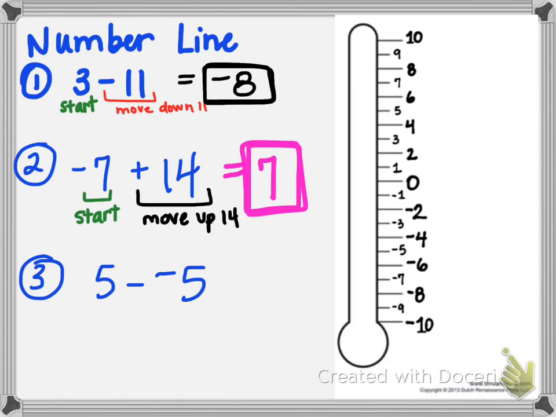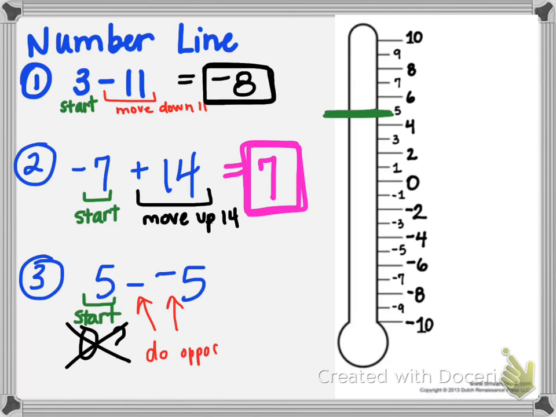All right, now you might be thinking, gut reaction, automatically 5 minus 5 is 0. But that is actually incorrect. So as we have been with every single problem, let's go ahead and put our starting position, which is at positive 5. Okay. Then when you see this combination of minus a negative, this means do the opposite of negative 5.